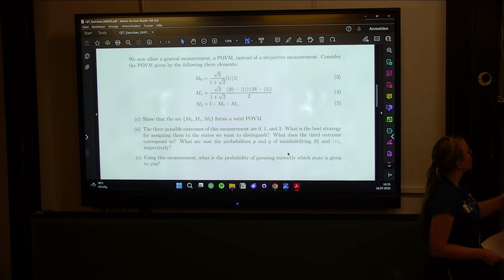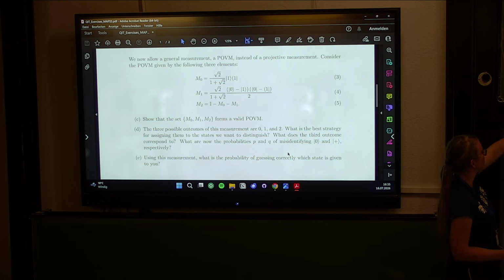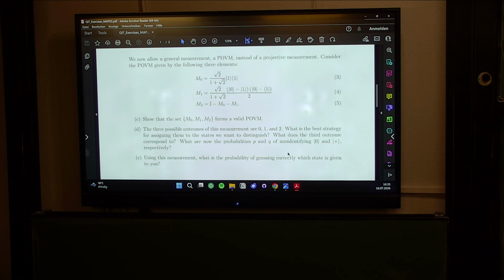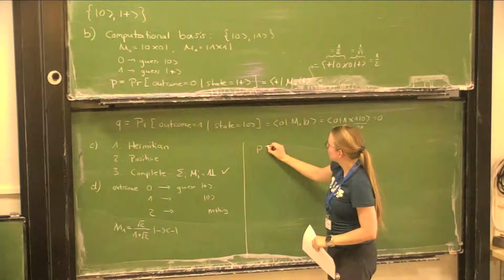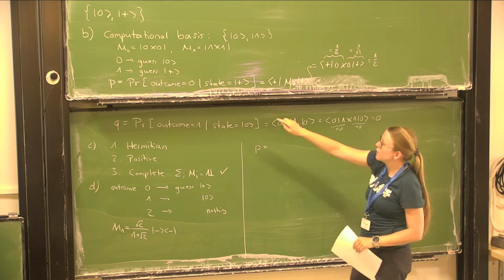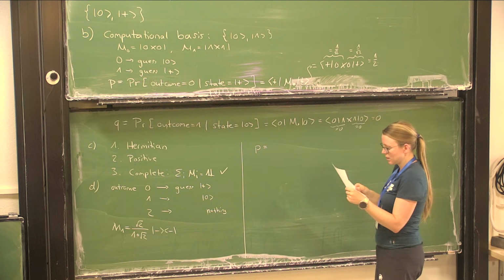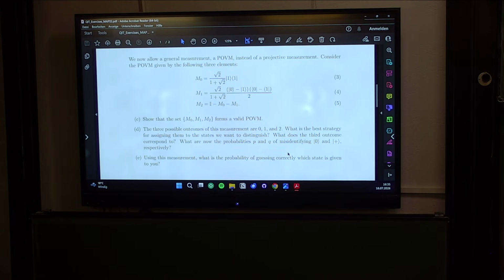Now we also want to see how our probabilities look to make a wrong guess. So we want to calculate P and Q again. First, a wrong guess when the state is 0.